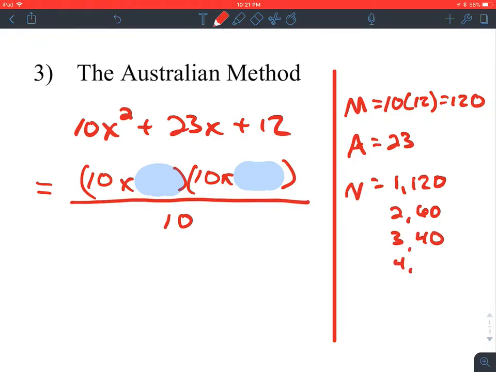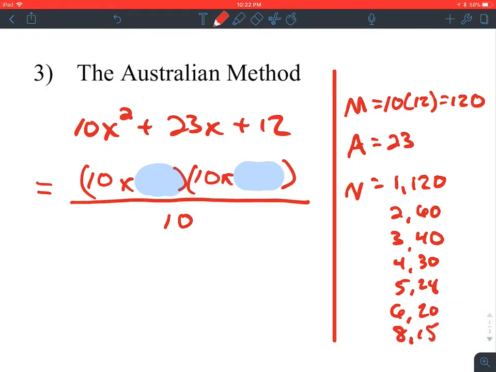Doesn't add up. 4 goes into it 30 times. Doesn't add up. 5 goes into it 24 times. Doesn't that have to be 23? We're getting closer. 6 goes 20 times. Doesn't add up. 8 goes 15 times. That does add to 23.